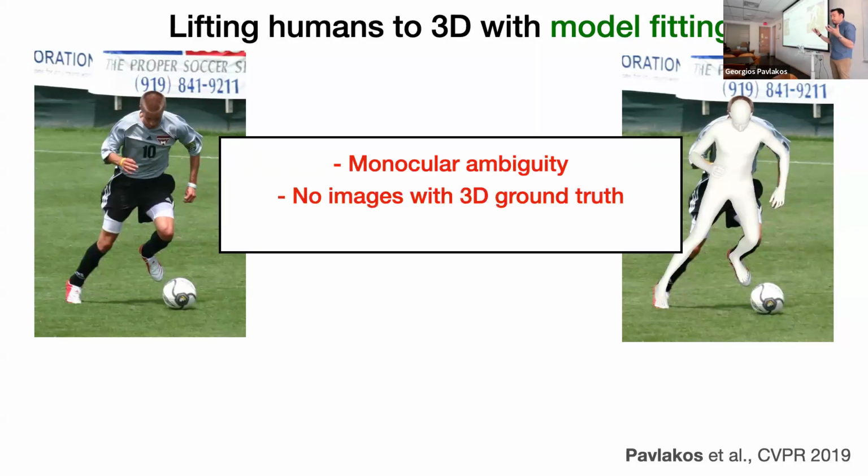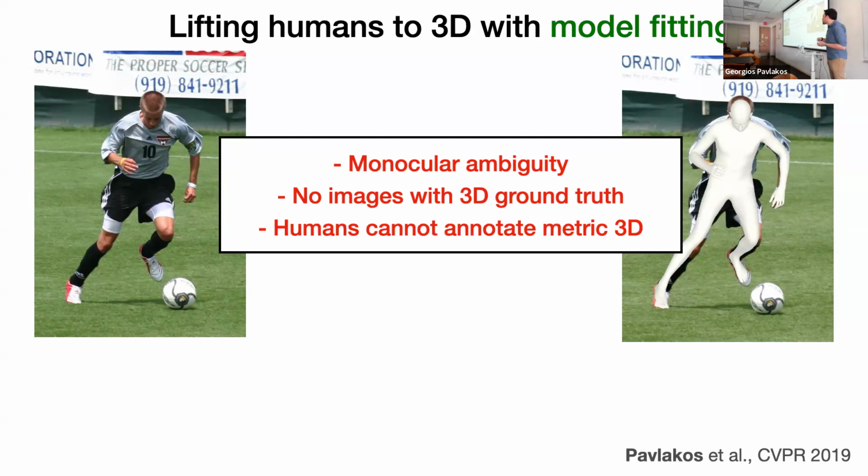You don't have a lot of images with accurate 3D ground truth, so you can get this detailed mesh only if you actually capture the people in a laboratory environment, so you don't have the data to train networks in a fully supervised manner. And also, it's not something that humans can annotate, like you cannot ask people to annotate metric 3D information from images alone. So we had these bottlenecks.